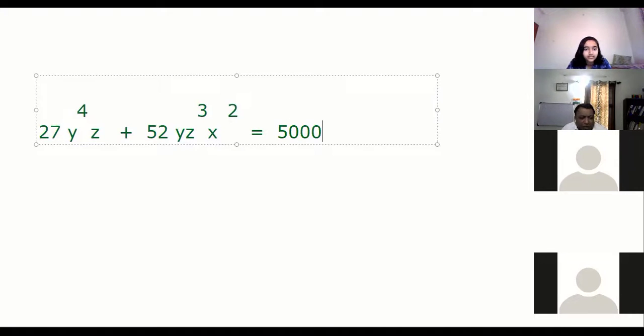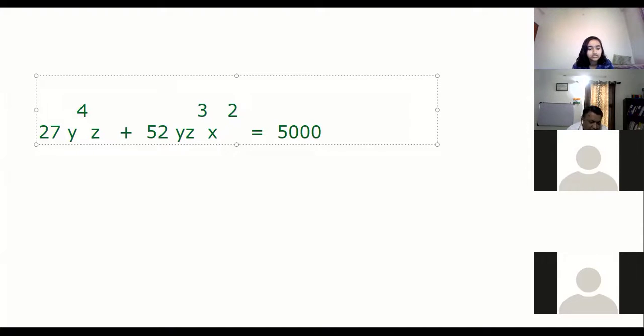What is the degree of this polynomial? Everybody write in the chat, just a number. Dhruv says 5, Yashwant says 6, Asta says 6, Gauri says 5, Manu says 6. So many are saying 6, some are saying 5.